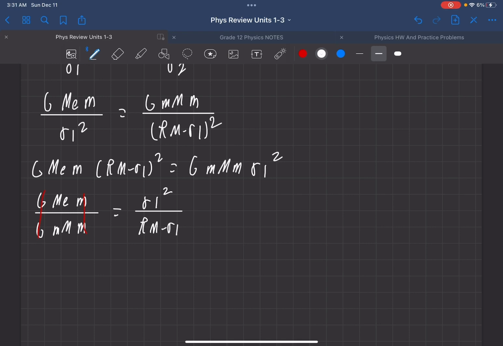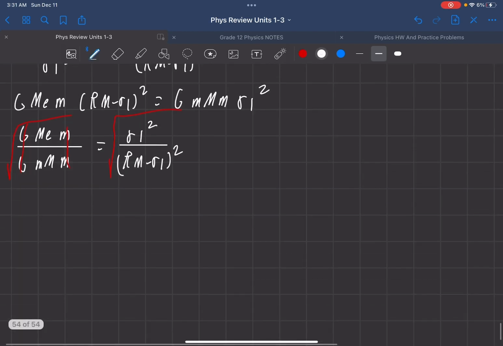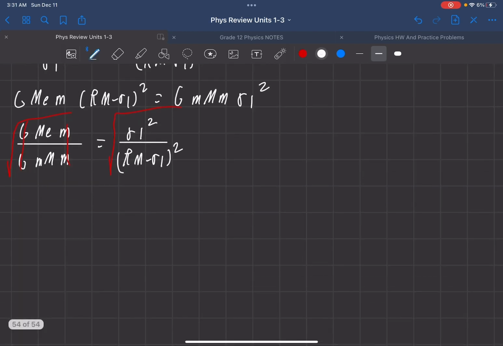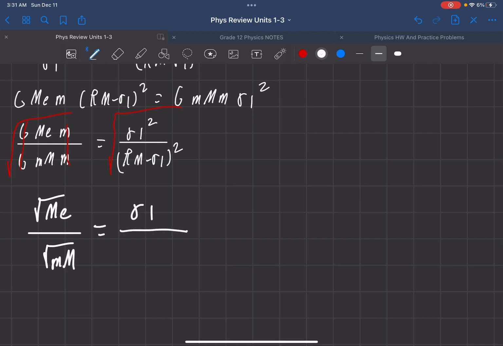and we can say that M_E over M_M is equal to R1 squared all over R_M minus R1 squared. We can square root both sides, and that leaves us with root mass of the Earth over the root of the mass of the Moon. That is equal to R1 over R_M, that being the center of the Earth to the center of the Moon's distance, minus R1.